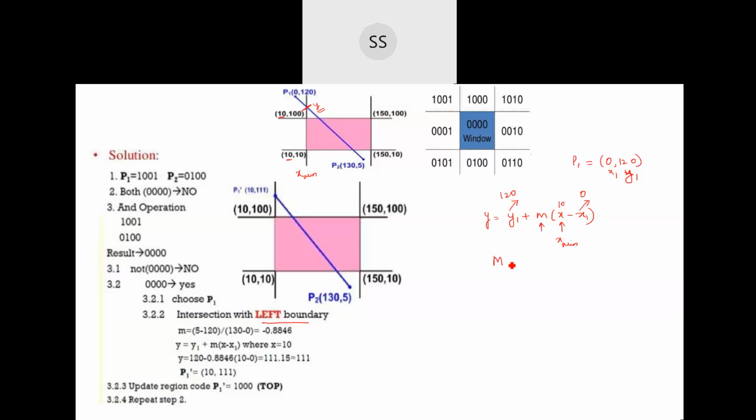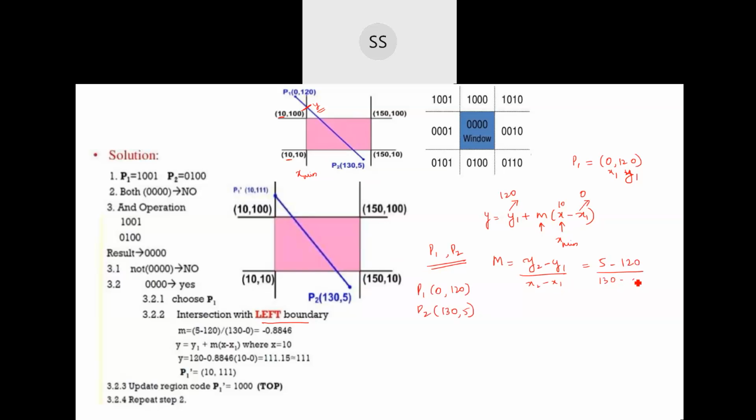I told you the slope is the slope of the line with endpoints P1 and P2, defined as y2 minus y1 by x2 minus x1. What is the value of P1? P1 is 0, 120, and what is the value of P2? 130, 5. So y2 is 5 minus 120, and what is x2?